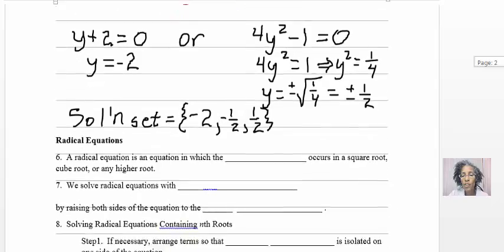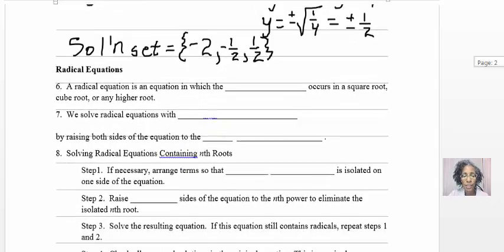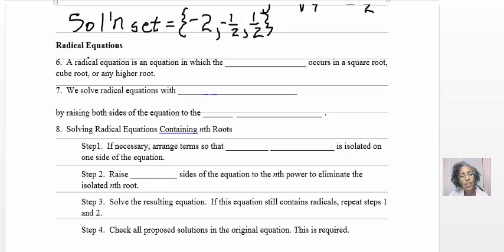All right, so I can solve polynomial equations by factoring. We also in this section talk about radical equations. A radical equation is an equation in which the variable occurs in a square root, cube root, or any higher root.